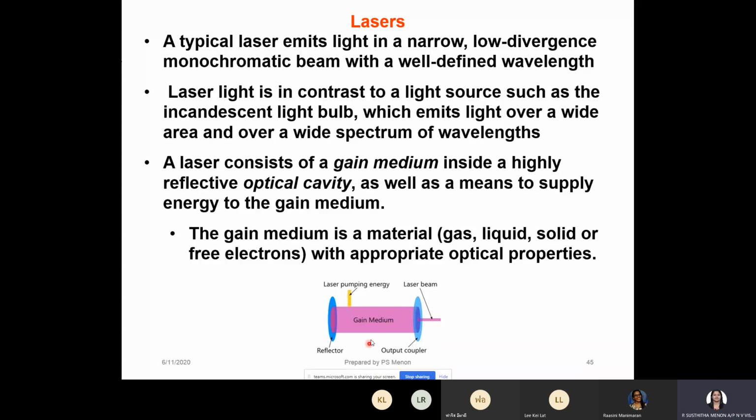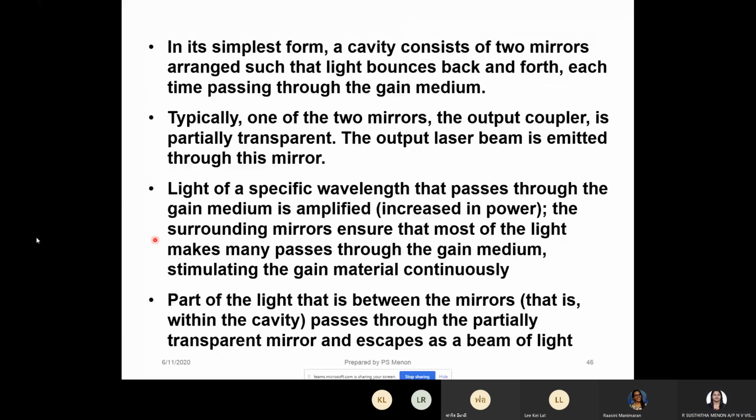So it has a gain medium, the active region, and we call it optical cavity because it's a region where oscillation happens or amplification happens. And this gain medium can be either a gas, a liquid, a solid, or it can be free electrons with appropriate optical properties. So a cavity consists of two mirrors.